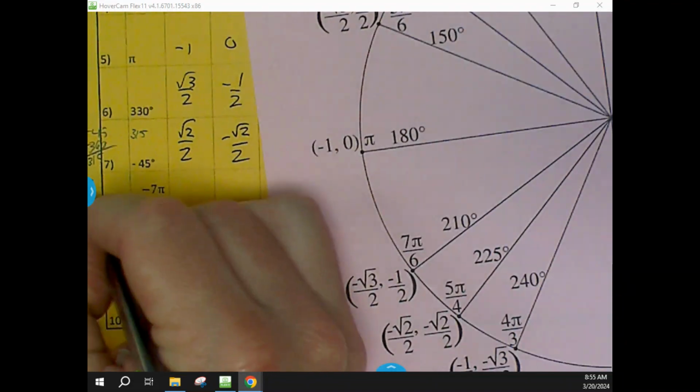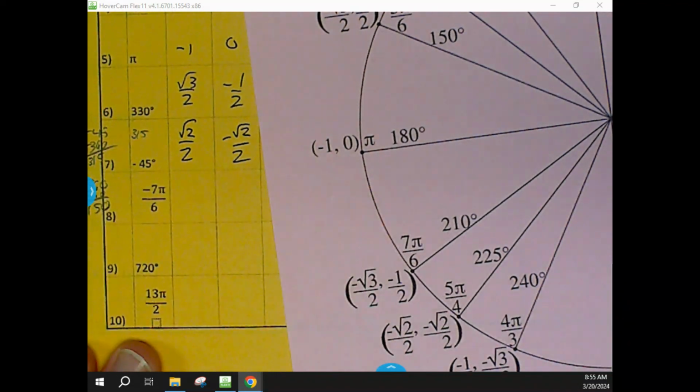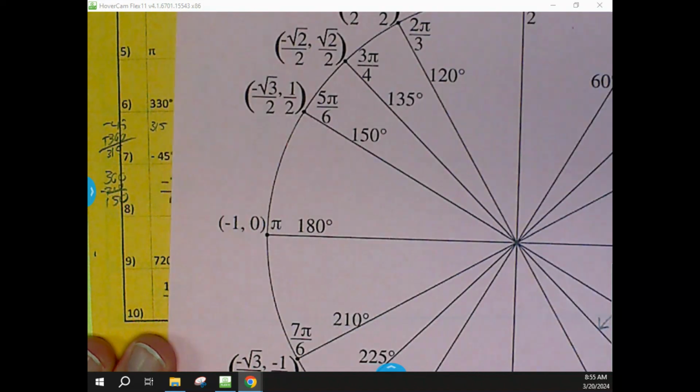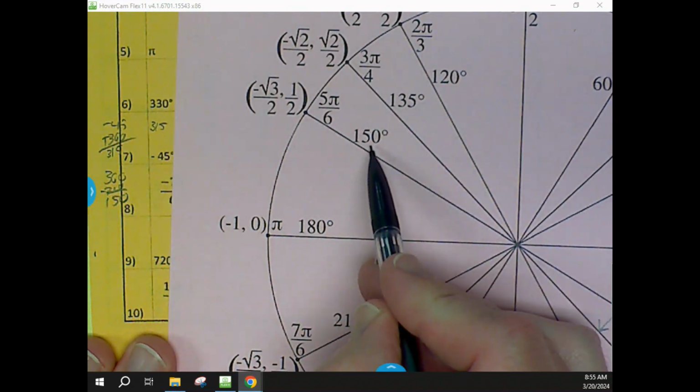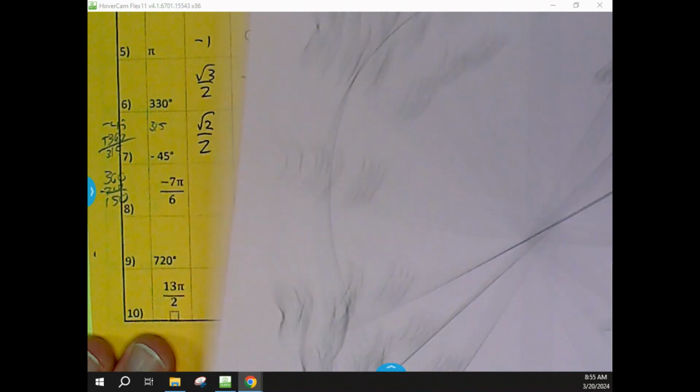So if we do 360 minus 210, that's going to put us at 150, which would be up here. So then cosine's going to be negative square root of 3 over 2, sine's going to be 1/2.